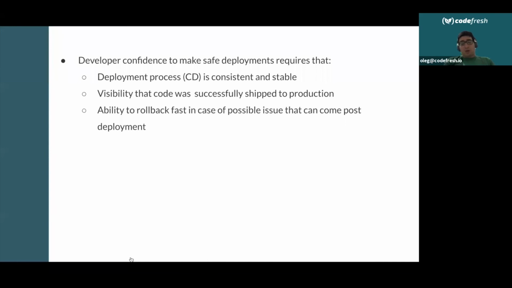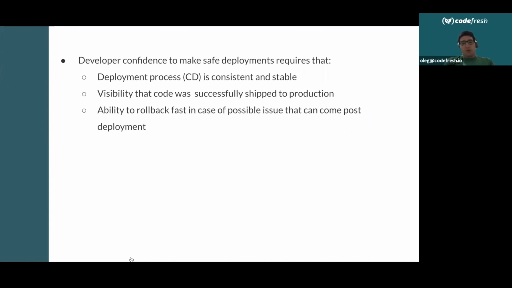And last but not least, if something happens, you need, I call it, a one button click ability to roll back and bring the system to the previous state. Obviously it's not all the requirements for developer confidence, but I think that conceptually those are the most important.